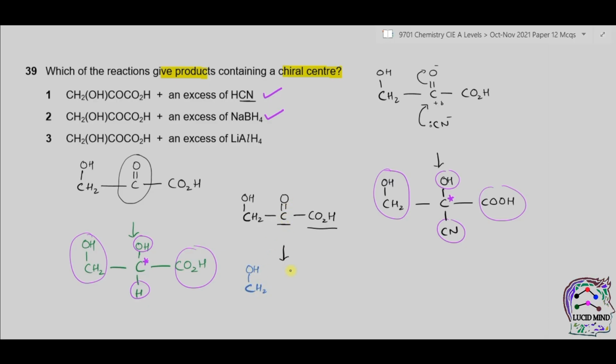We have ketone that is converted into secondary alcohol group. Carboxylic acid will be converted into primary alcohol. Looking at the central carbon atom, we can see that these 2 groups are the same. So therefore the product is not chiral. As options 1 and 2 are correct, answer is therefore B.